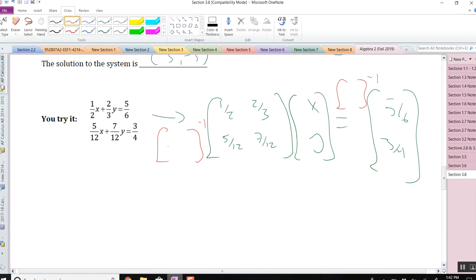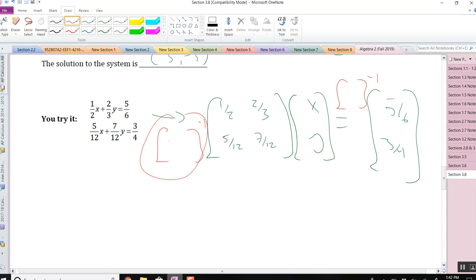Even though I did say the inverse in its regular order doesn't matter, because I'm forced to put it on the left side of the coefficient matrix, I'm kind of forced to put this in this particular location. I got to put it in the same location on the other side of the equation.